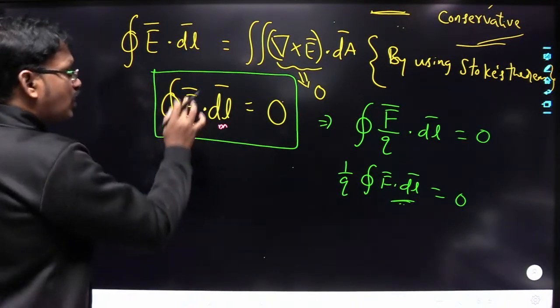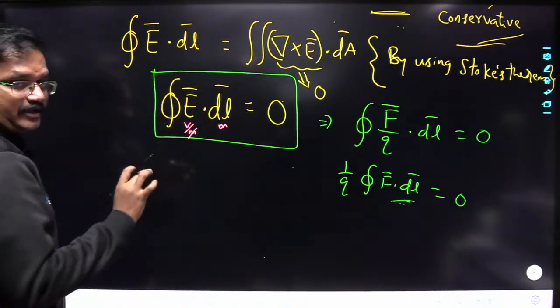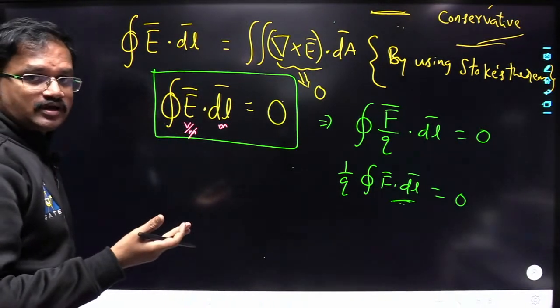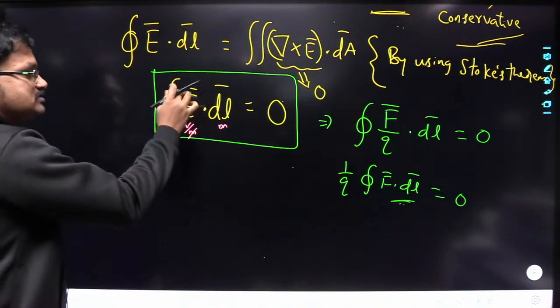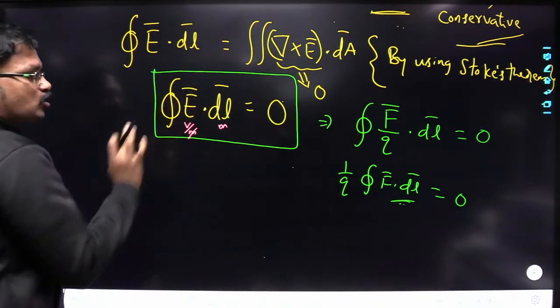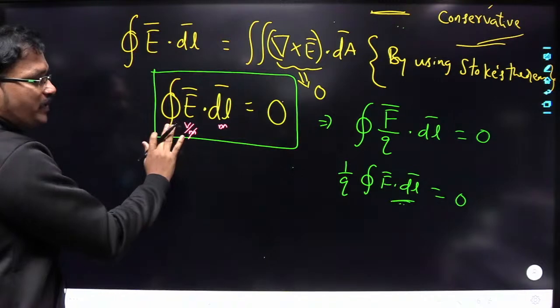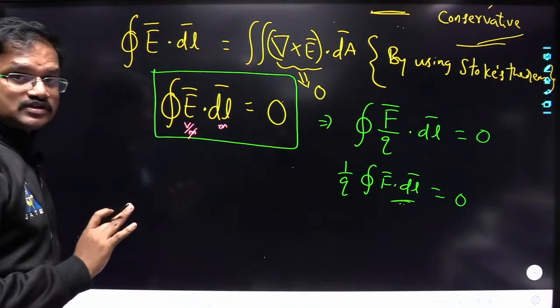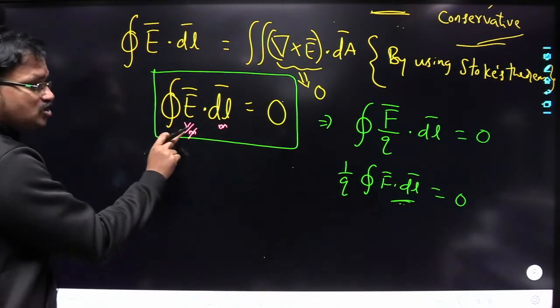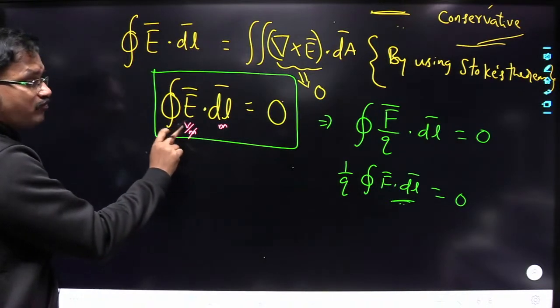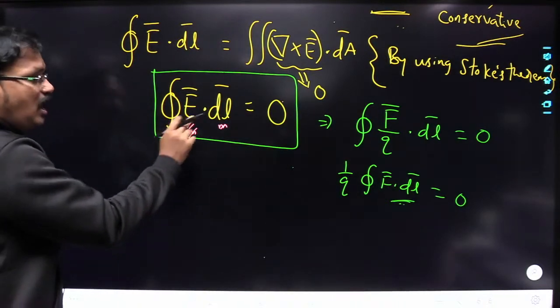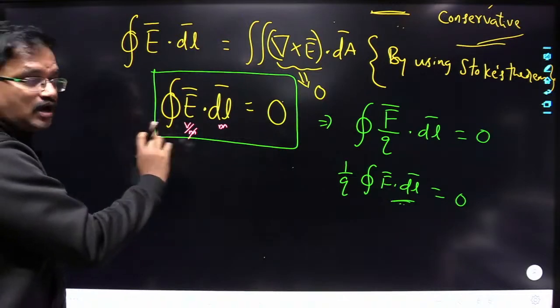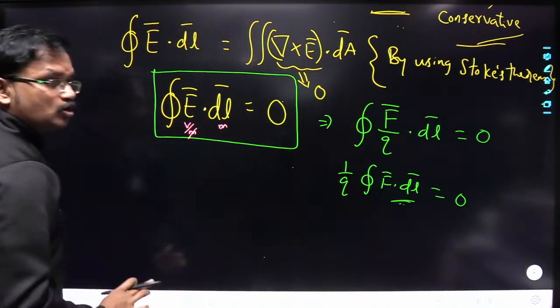Now you are integrating, and integration means summation. So the closed loop integral of E bar dot dl bar represents the summation of voltages, or summation of potential, around any closed loop, which is equal to 0.